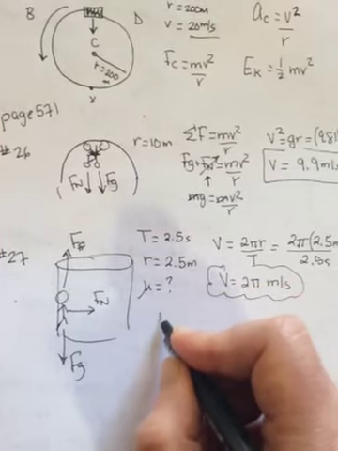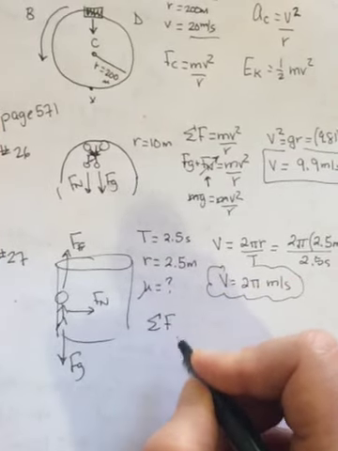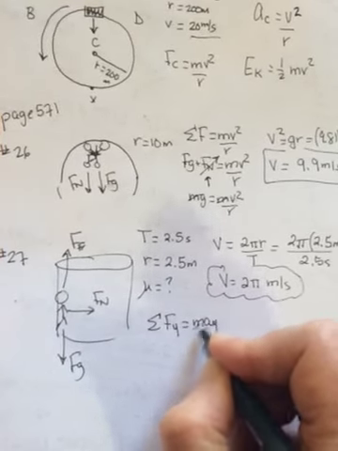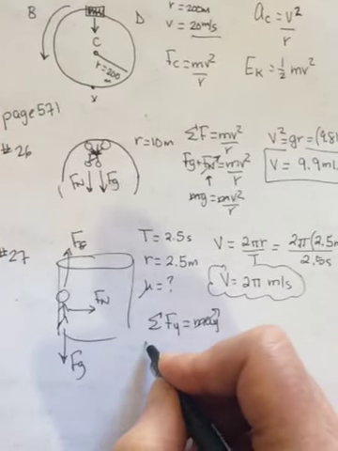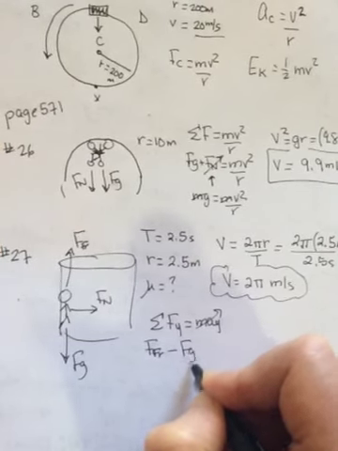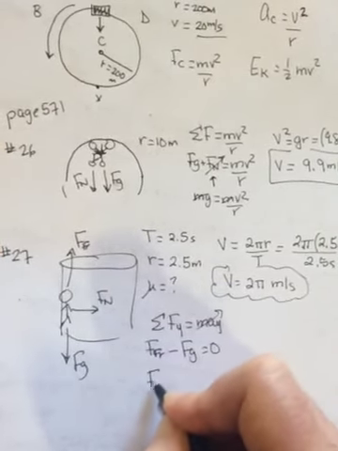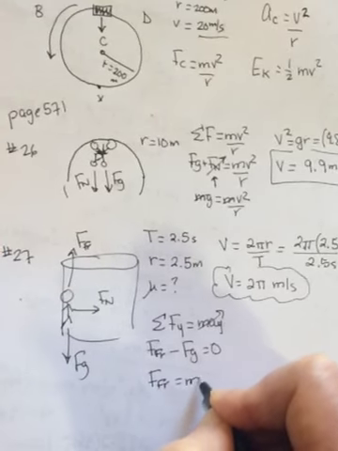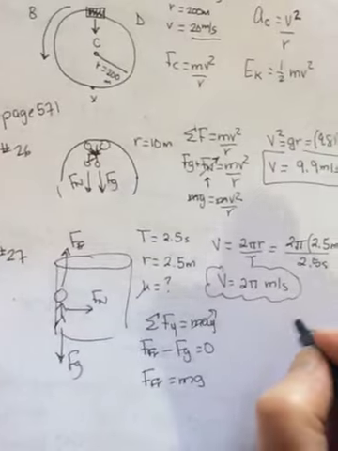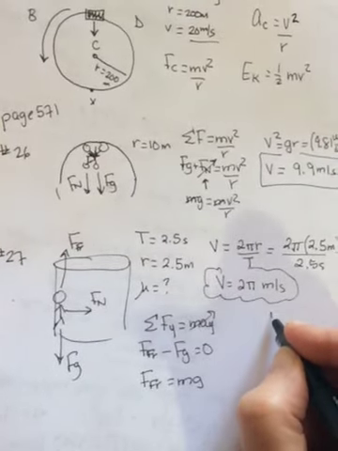So then do your sum of the forces. So sum of the forces in the y direction will equal 0, because he wants to stick on the wall and not slide. So friction minus Fg should equal 0. So FFR should equal mg, right? And then if you did sum of, you can't find those because you don't have m.